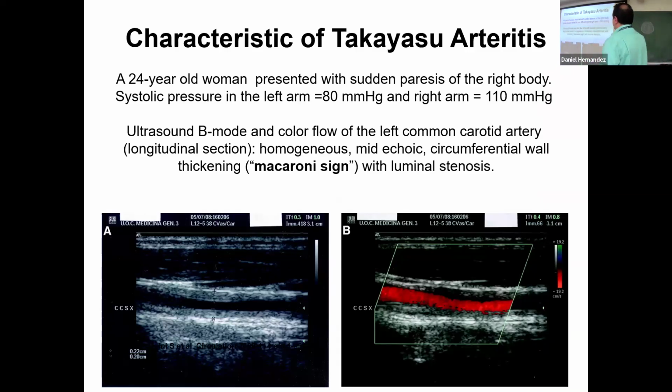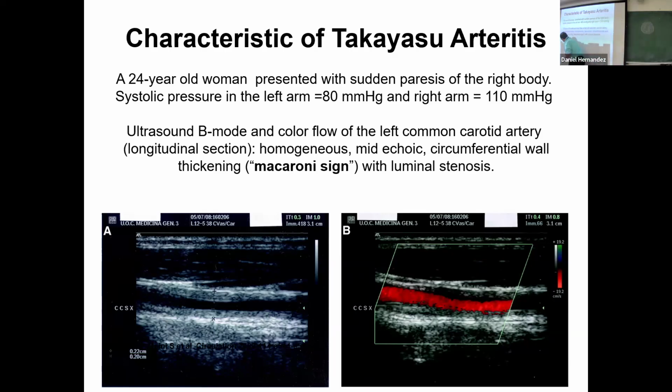So we have a 24-year-old female presents with sudden paresis. So paresis is a weakness of the right side of the body, right-sided weakness. The systolic pressure from left arm, 80 millimeters of mercury, right arm 110. So on ultrasound, we see color flow in the common carotid artery, and then thickening of that wall.